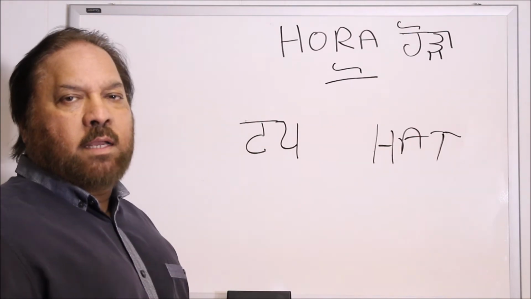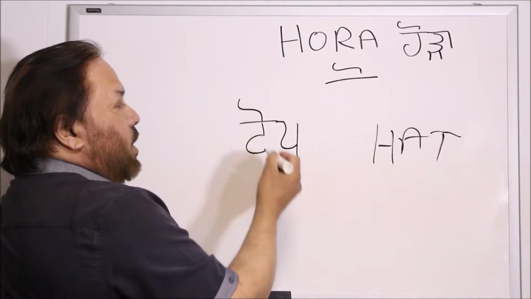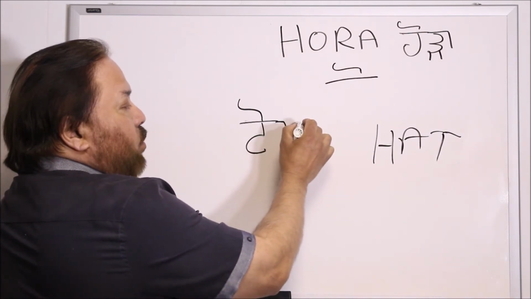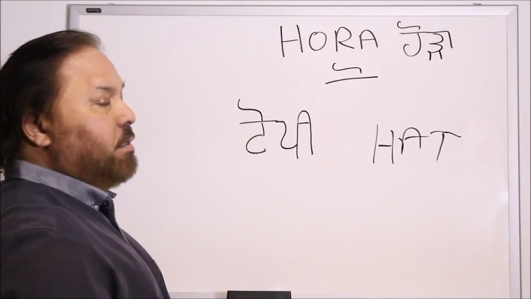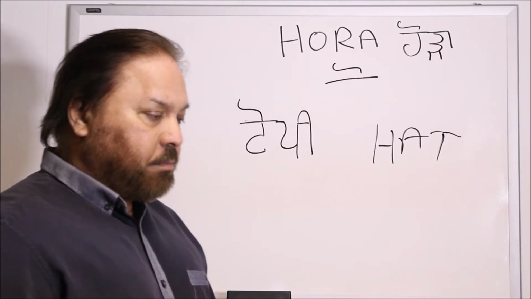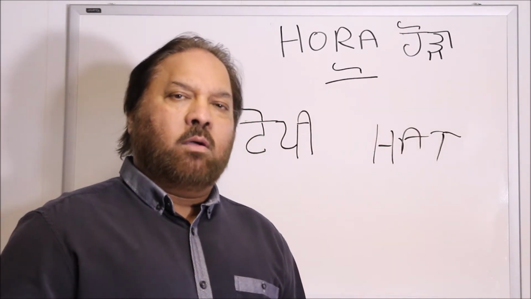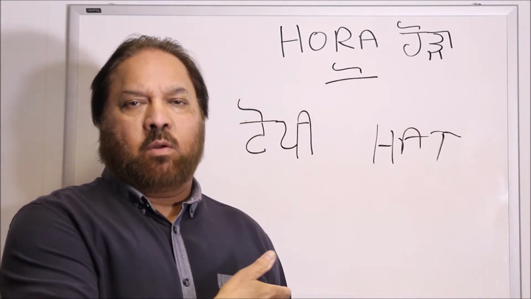So if you want to write the O sound, toe, we use HORA, and Papa, and we put Bihari, which becomes topi.